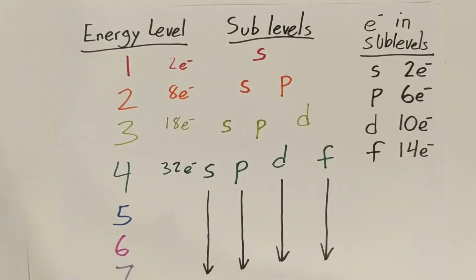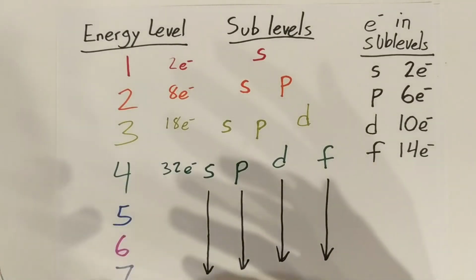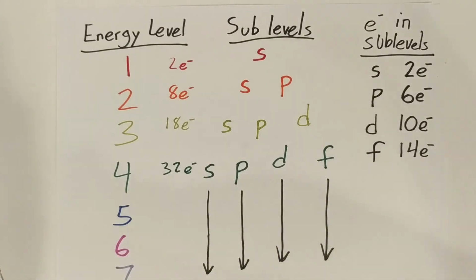So that's what I'm going to explain right now. The reason we might say that energy level 3 only has 8 electrons before we move to the next energy level is because of this, and I'll explain it right now.